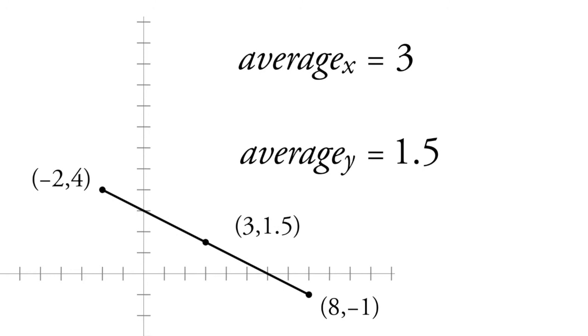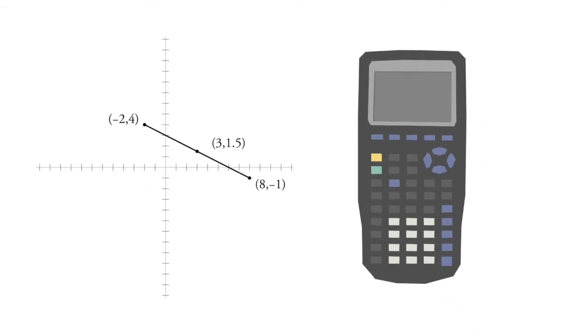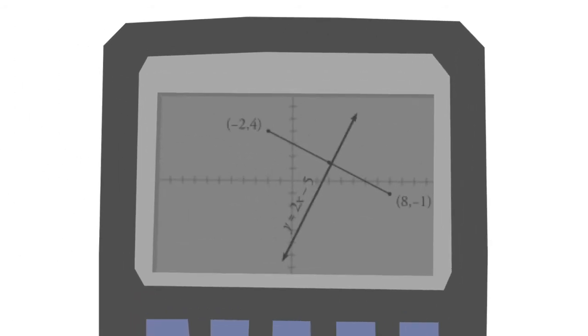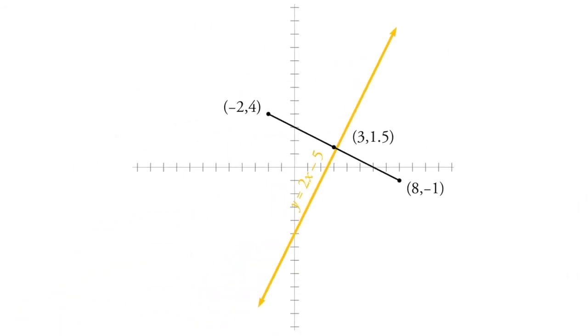Now, I'll go ahead and show you what the line would look like on your graphing calculator. This line y equals 2x minus 5, this second line that we're looking at, looks like this. And it kind of looks like maybe it bisects it. If you were to see it on the graphing calculator, it looks like it either bisects it or comes very close to it. But in reality, we can check for sure.